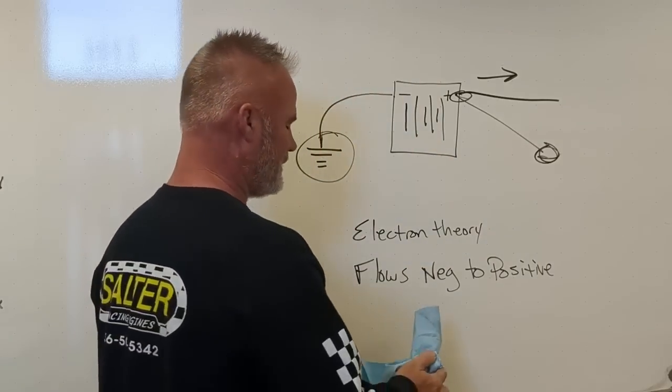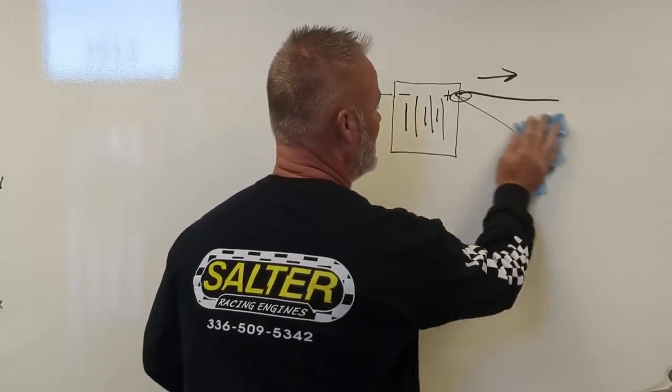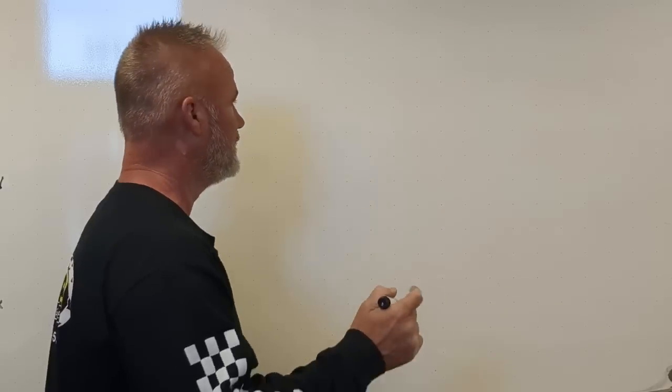Why did I not say there's two theories with AC voltage? Because there's not. AC voltage creates its own ground. In America, it's 30 times a second it creates its own ground because it has a frequency of 60 hertz, which means it goes from positive to negative 60 times a second.